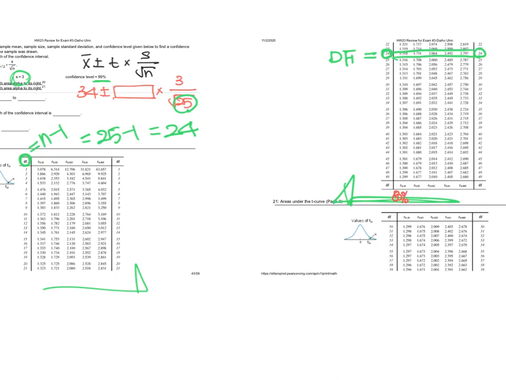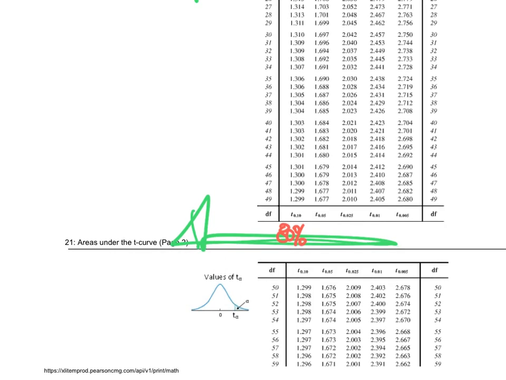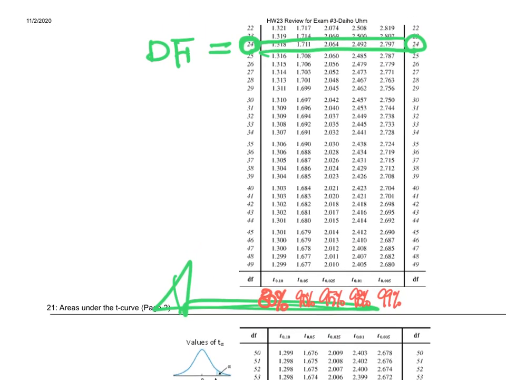And the next one must be 90%, and 95%, and 98%, and 99%, right? So when you are doing the homework or take the exam, please print out my t-table, the t-table I emailed you. That is better.